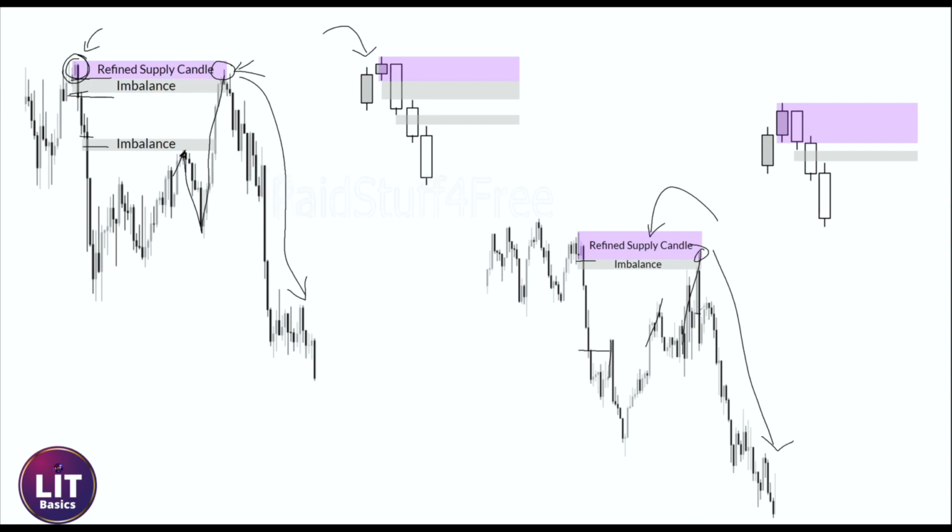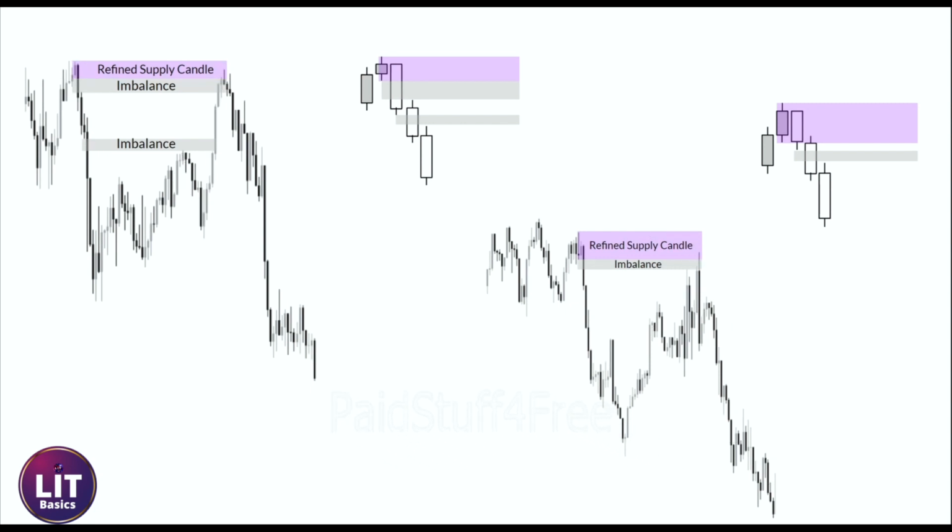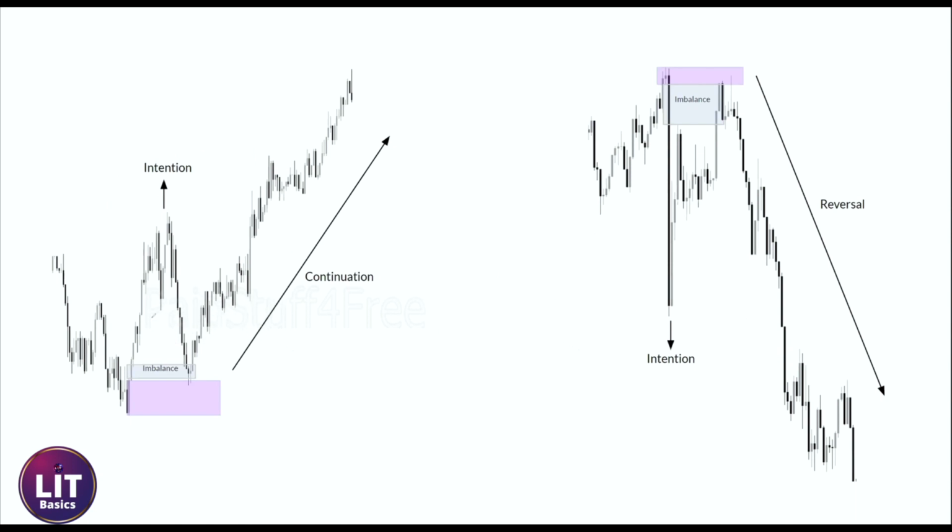Also notice how when we leave these little imbalances, obviously there's a little imbalance left here, but we have this imbalance here that gets filled, and also this little imbalance here that gets filled. So the majority of these imbalances are getting filled, and we're creating an efficient market. Next, we have this.